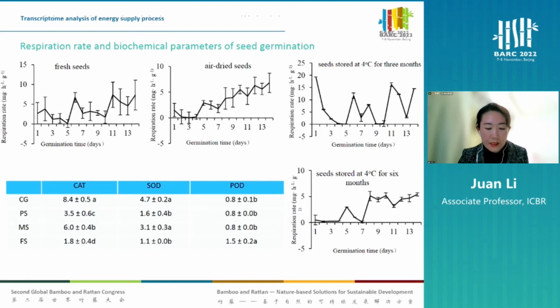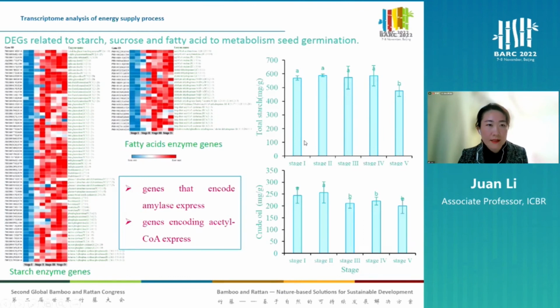We found the fresh seed has the maximum fluctuation during seed germination, and in the storage seeds the respiration rate was relatively low. And we made the transcriptome analysis of energy supply.